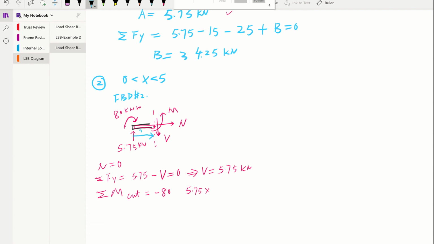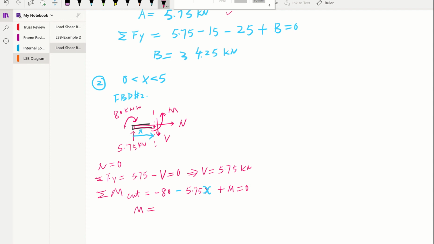We've seen it many times, so it's going to be x, right? It's times x, and that's clockwise rotation, so that's negative. Then we'll have this internal bending moment we are solving, and it happens to be counterclockwise, so that would be plus M, that equals 0. So from this equation, we get an expression for this internal bending moment.